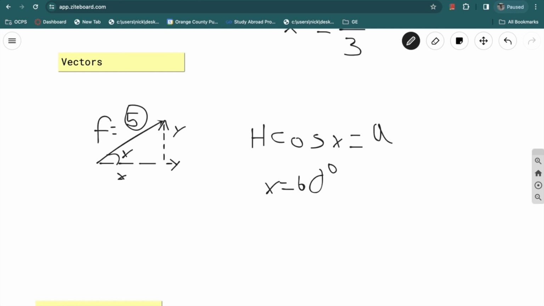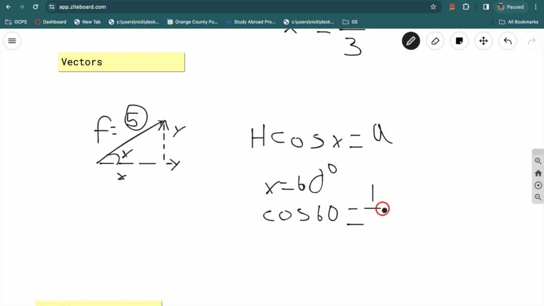Cosine 60, we know cosine 60 is the ratio basically. So what's adjacent to 60? Adjacent to 60 is going to be 1, because that's the same as pi over 3.